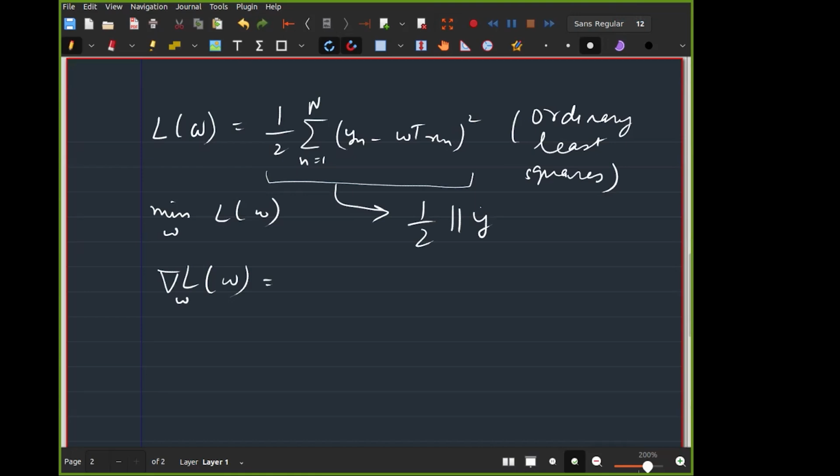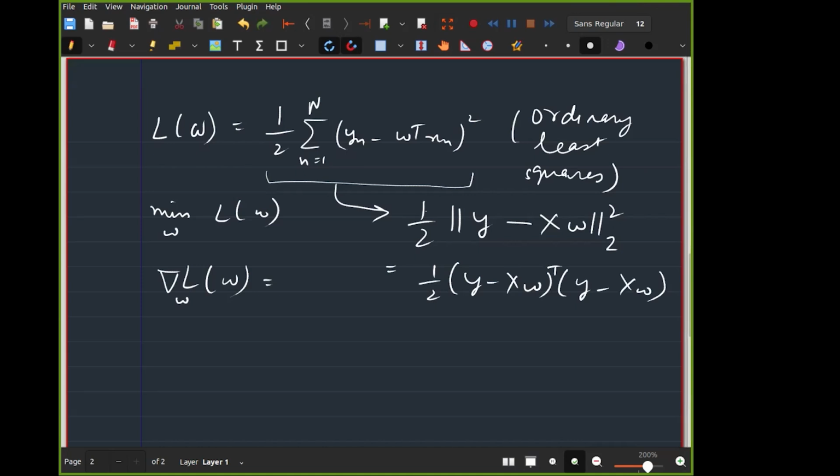If you have n data points, this vector is of length n, and then you have x times w, whole square, and this is an L2 norm. And the L2 norm squared can also be written as half of y minus xw transpose times y minus xw.